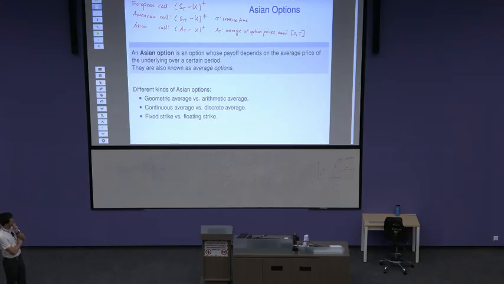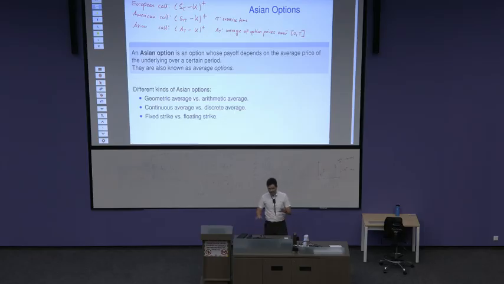I just adapted it by saying, okay, from 0 to maturity T. So these are some kind of average options. You're really looking at the average, and when the average is larger than the strike K, then you get some positive payoff. So that's the idea of Asian options.